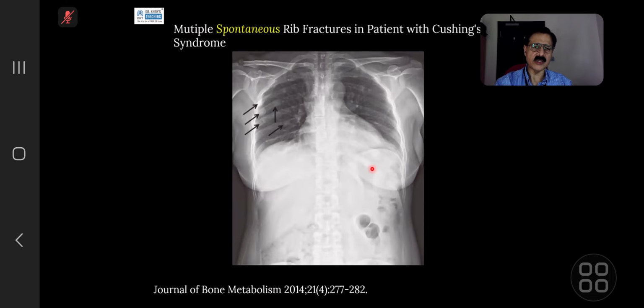You will pick up both findings, and the scenario given will be such that there is no history of trauma. Once you know the overall concept of a pathology, then you can understand the mindset of the examiners, how they can show it to you. So this is a very good example of spontaneous fractures.